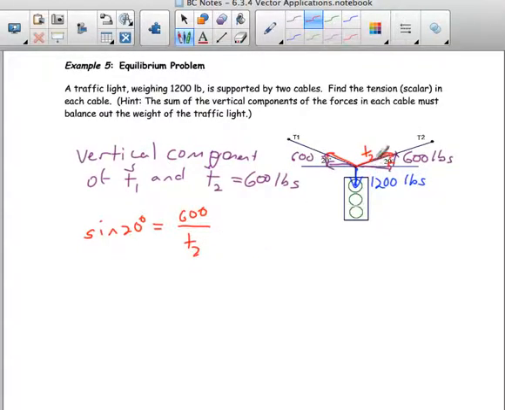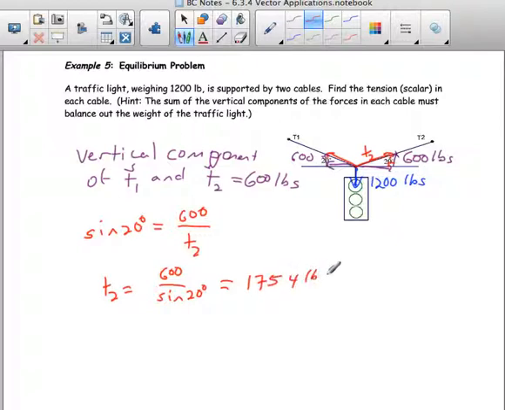So T2 is the tension in this cable. And then I would solve for T2, so I get T2 equals 600 divided by sine 20 degrees.